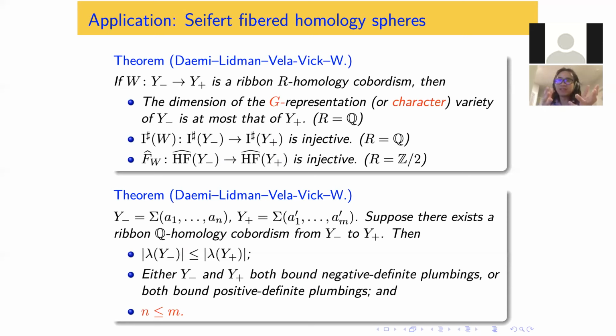Well, given our statement on the Zariski tangent space dimensions, that immediately tells us that Y plus also has an irreducible representation whose Zariski tangent space has dimension 2n minus 6. Well, that means that its number of exceptional fibers must be at least these n.